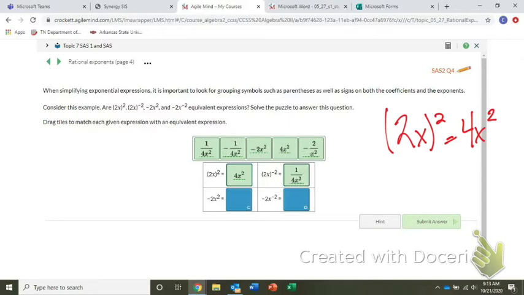So you know if you use the negative rule, then it's going to have to be moved to the bottom. Okay? All right, the next one, can you simplify the next one at all? Does it have any parentheses that allows me to do the power rule? Nope. So I'm just going to bring this down right here.